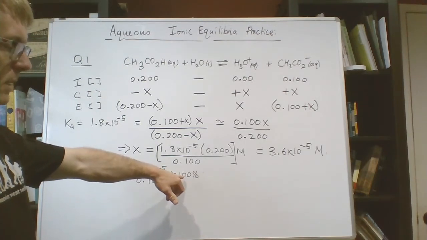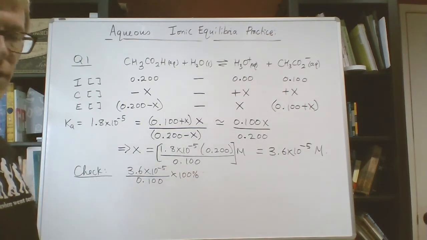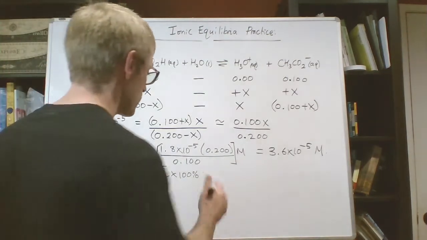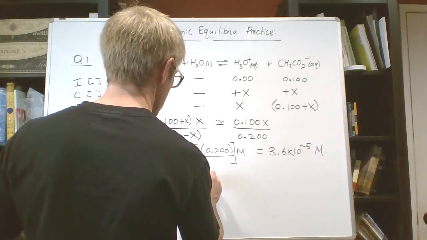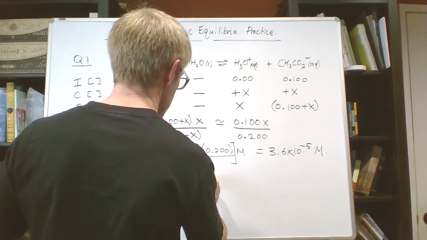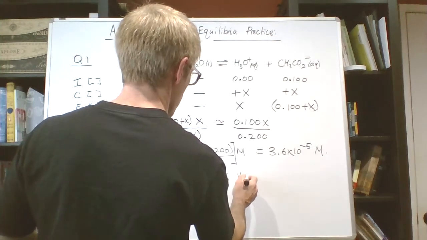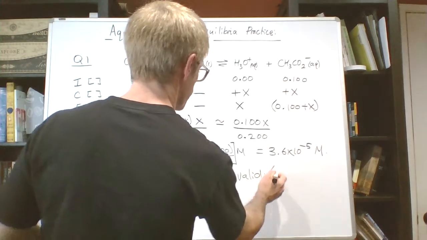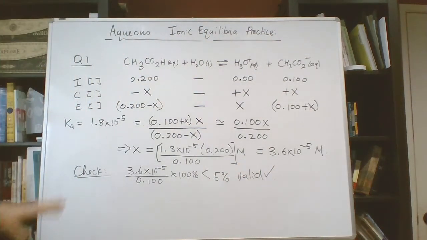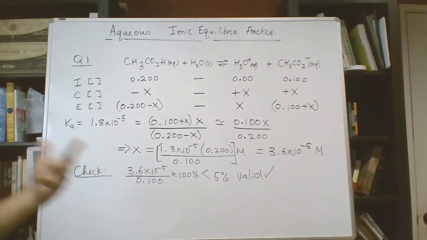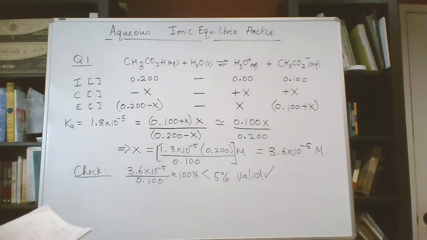Then I multiply it by 10 to the 2, which is 10 to the negative 4, which is less than 5, which is 10 to the 1. So this is going to be less than 5%. So our assumption is valid. So you always want to make sure if you do this assumption, make sure it's less than 5%. If it's not, you'd have to repeat the quadratic.